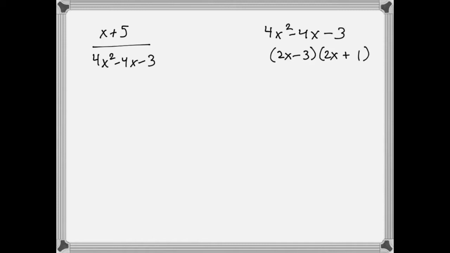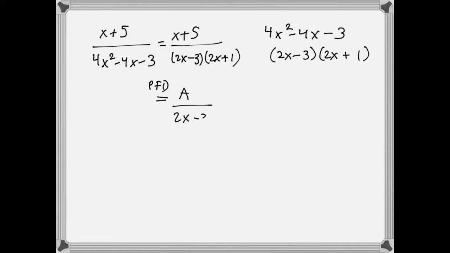So then this is equal to x plus 5 over 2x minus 3 times 2x plus 1. And so my PFD on that is going to be, those are both linear and they're to the power of 1. So we have over 2x plus 1.